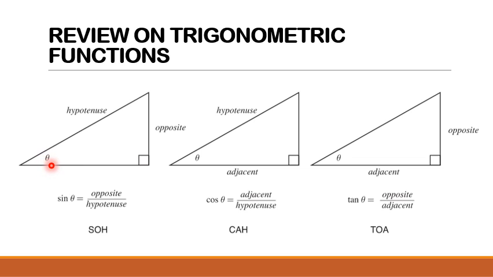So opposite over the hypotenuse, that's the sine theta. Cosine theta is the adjacent of that angle divided by the hypotenuse of the triangle. Tangent theta is the opposite of the angle divided by the adjacent leg of that angle. So that's TOA. So that's how we define SOHCAHTOA.